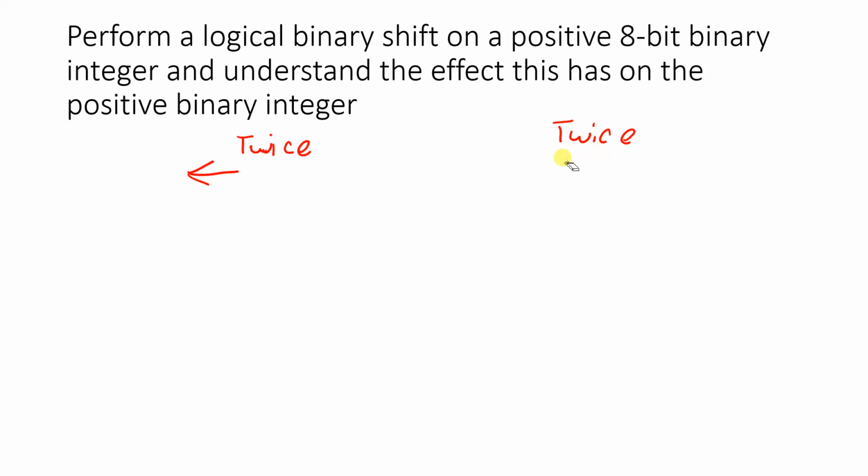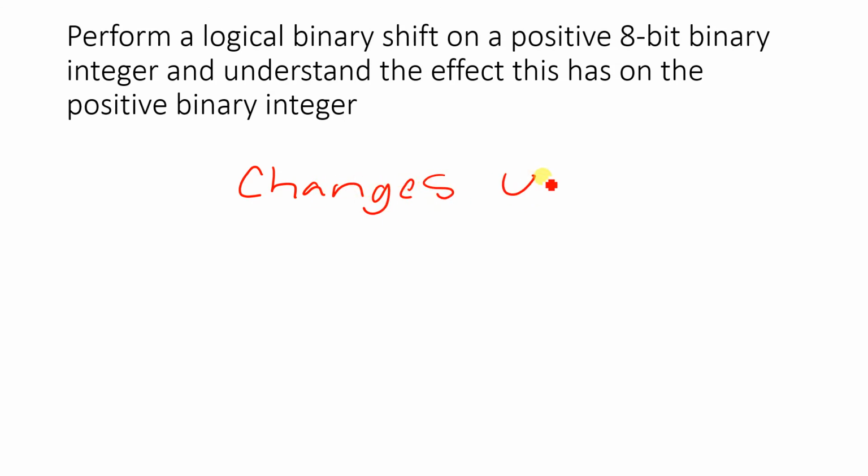And if it asks anything about what happened to the number or how the number changed, you can just comment on how the number is not the original value. It changes the value. If it's several marks, you can say that it changes the value.